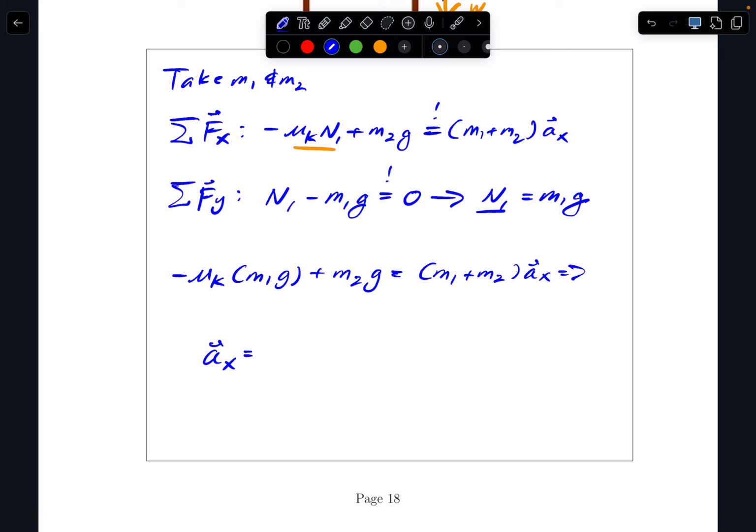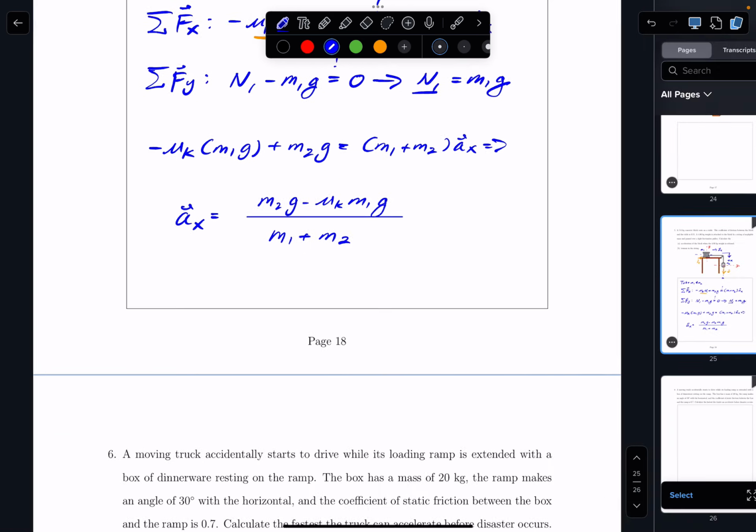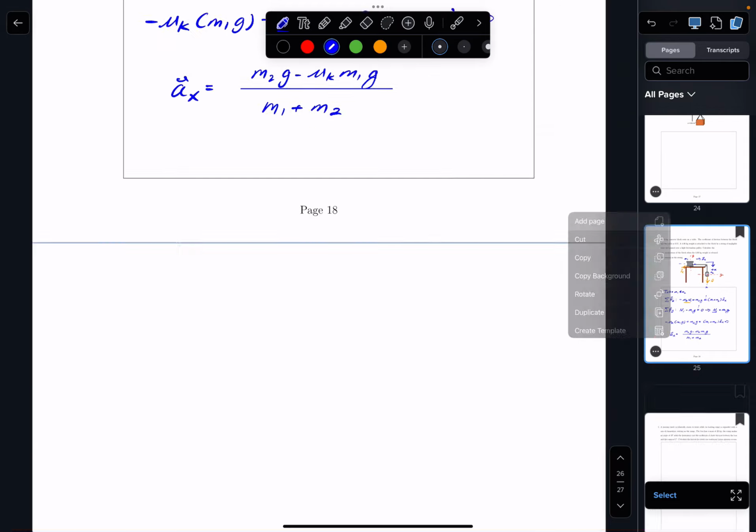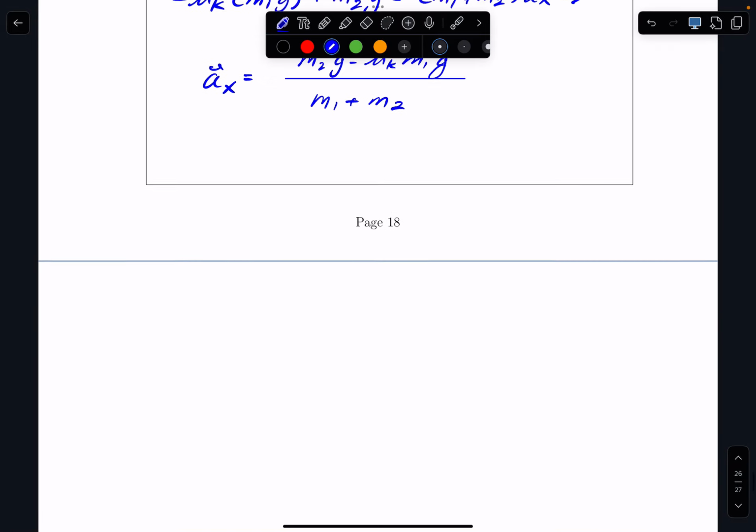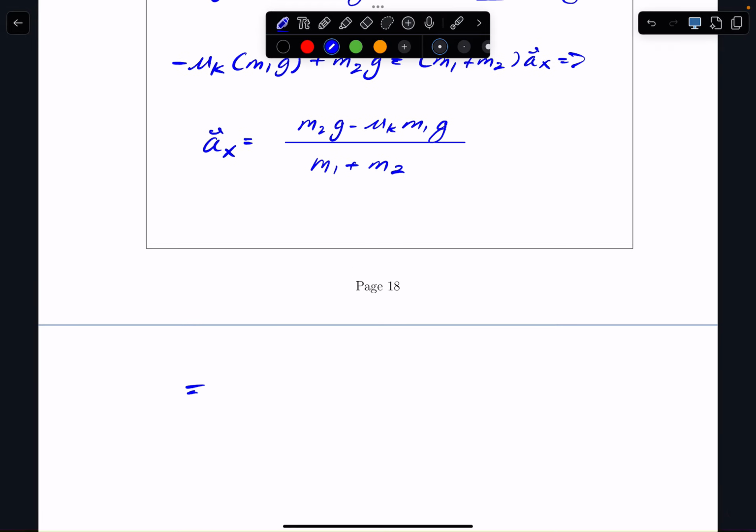Now to solve for A of x, I just divide both sides by the mass. So this becomes M2G minus mu k M1G over M1 plus M2. Clean this up to make it a little bit more pretty by factoring the G out. Again, you don't have to do this.